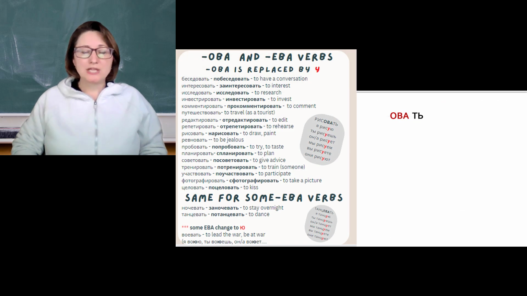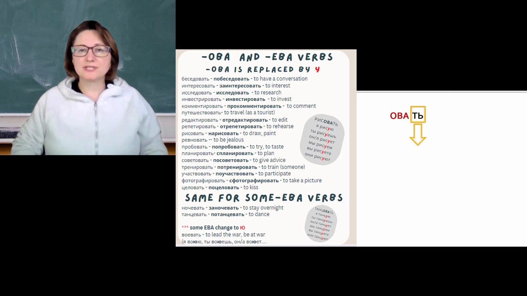Now let's take a look at the verbs themselves. So here you have a bunch of verbs in this category. And once again, if you have ova, and a smaller category are the Yeva verbs, but again, whatever happens, you follow the steps that I just explained.